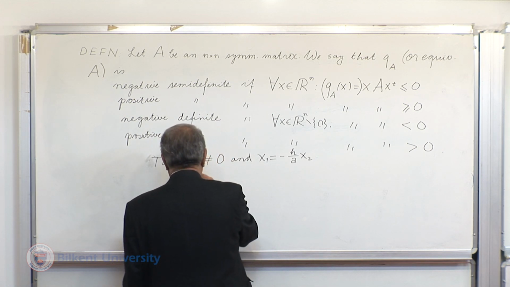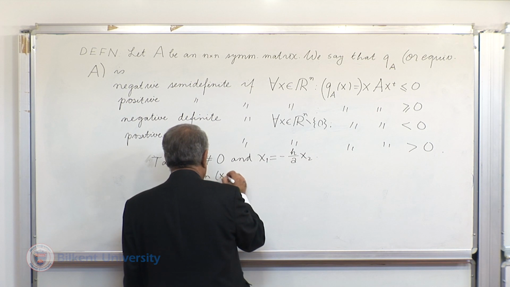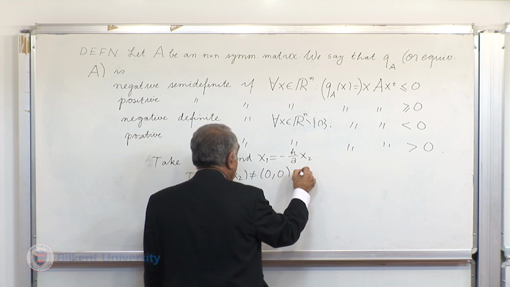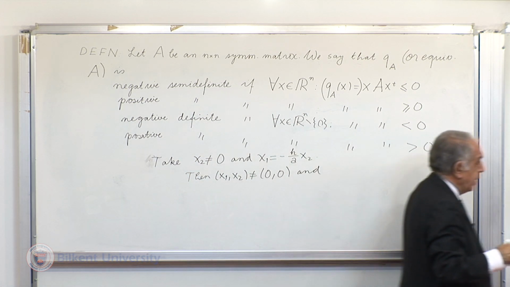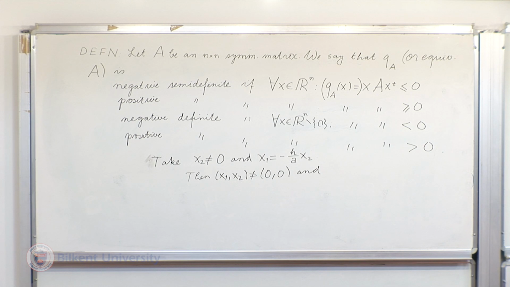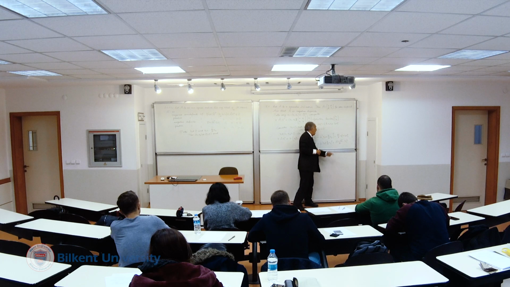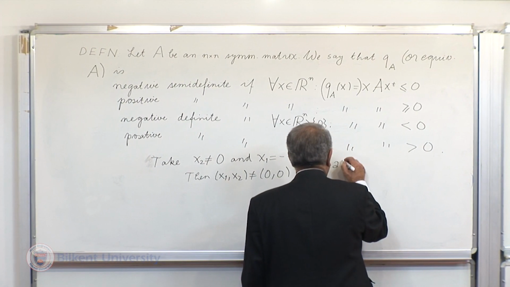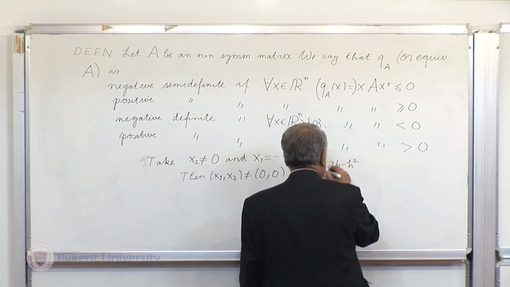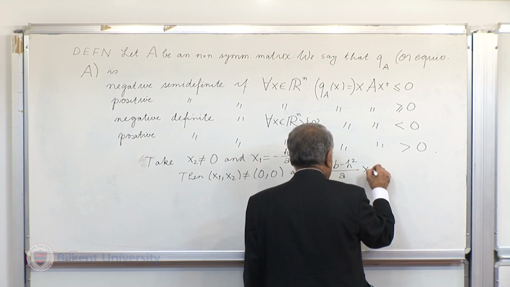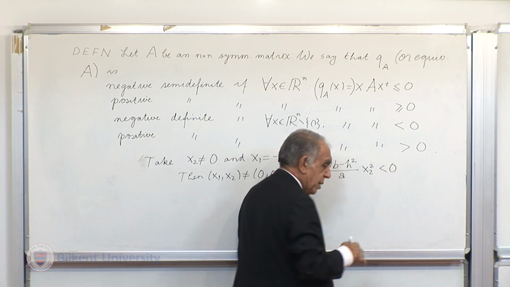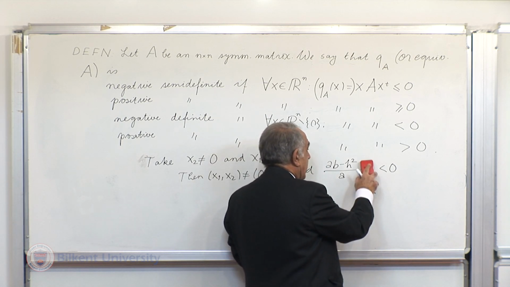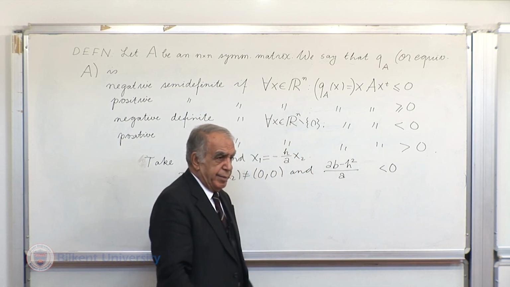Well, then x1, x2 will be different than 0, and this expression then has to be less than 0, but this is 0. And we have ab minus h squared divided by a x2 squared less than 0. But this also implies, since this is positive, that we have this.